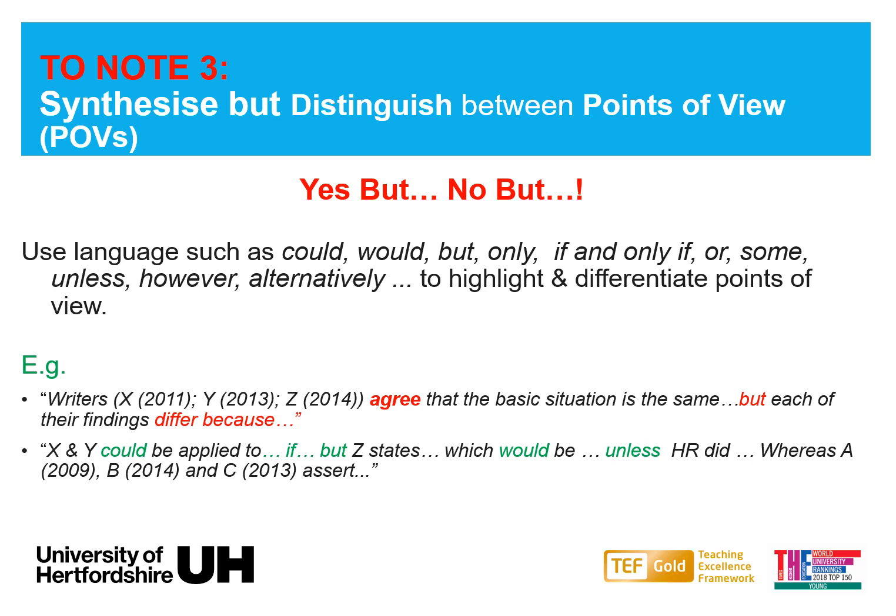So yes, but, no, but. Where you're using hedges and tentative language is important. For example, you may say, writers X, Y, and Z agree on this, but each of their findings are different in particular ways, or they have different emphases in different views.